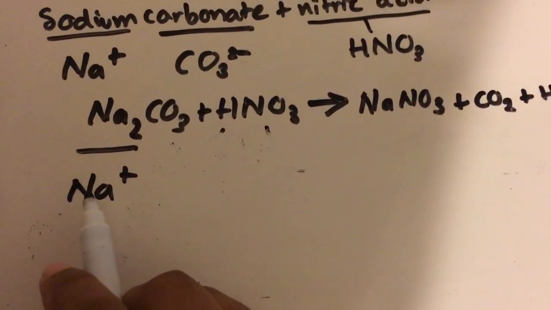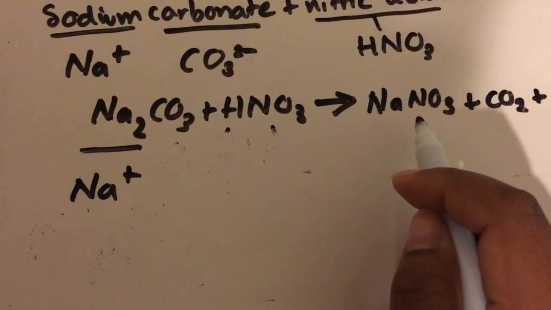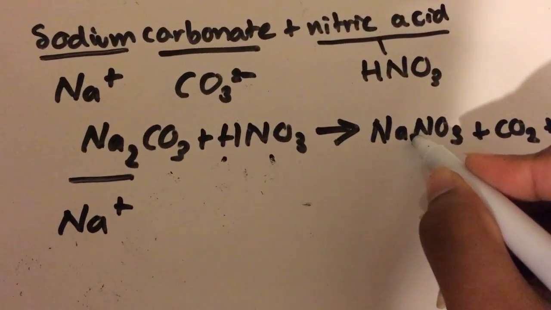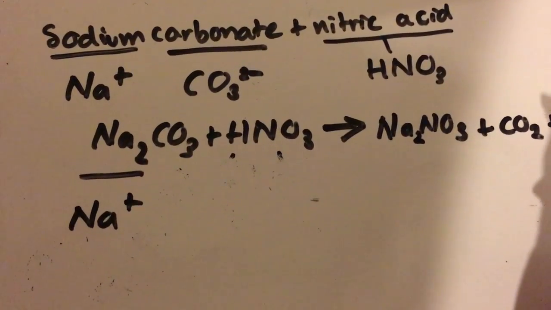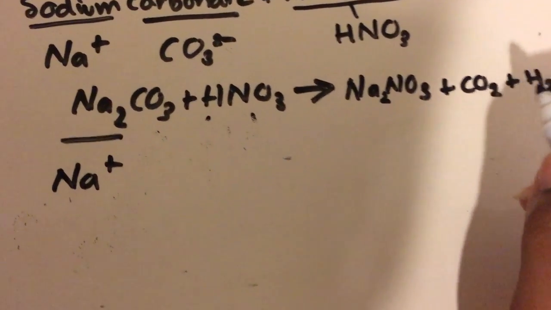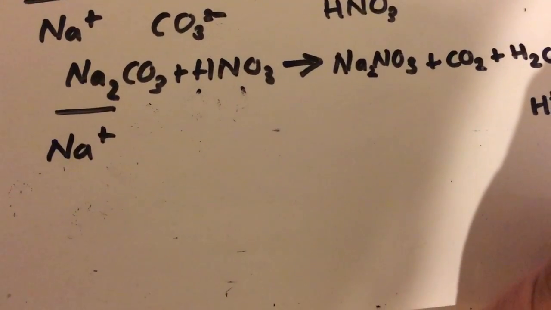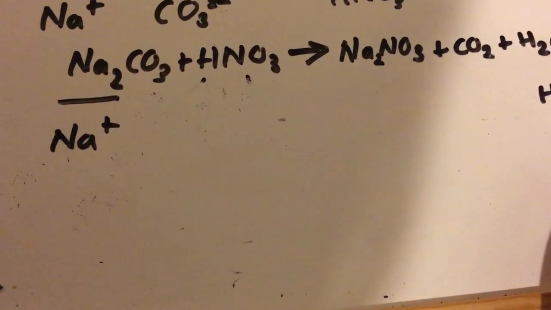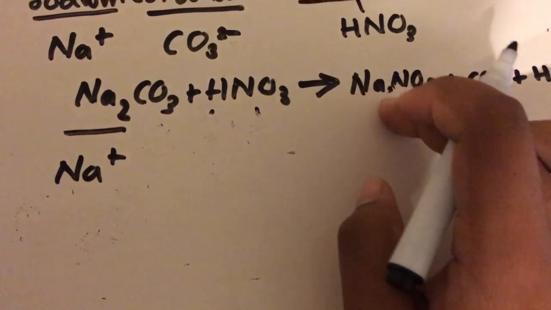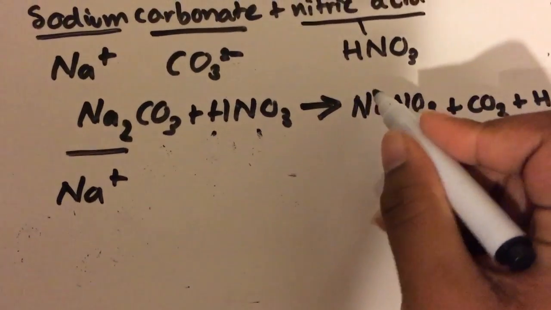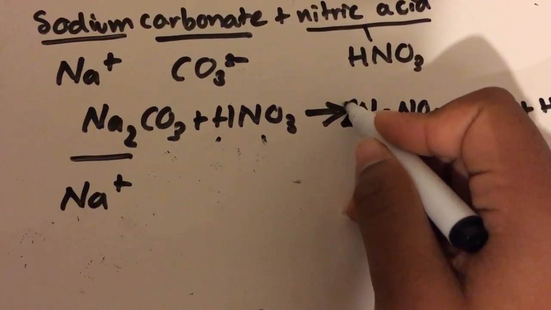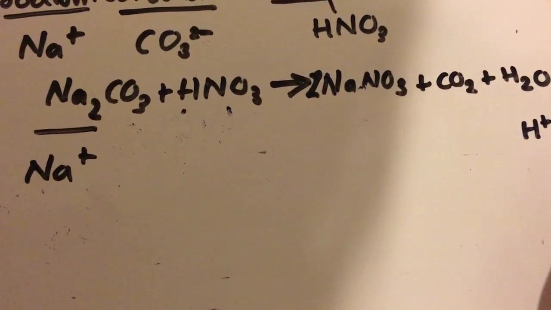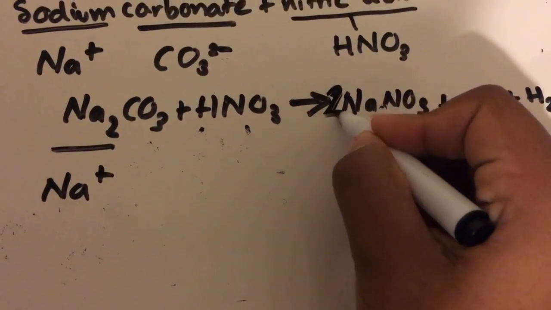We know we have 2 Nas, and Na can only go to NO3, which means that there's got to be 2 Nas. But I cannot write Na2NO3 because that completely changes the molecule and therefore changes the charges, and it just makes an incorrect charged particle, which is not what we want. So basically we have to add a 2 at the front, which tells us we have 2 sodium nitrate molecules.